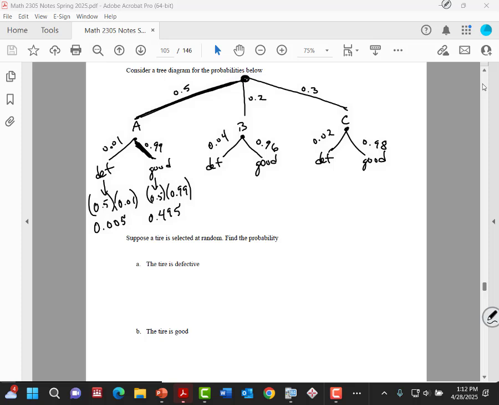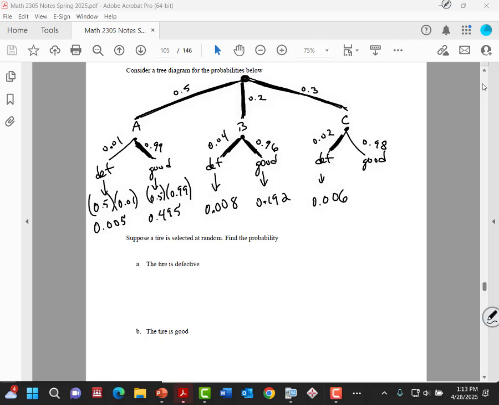Okay. So I'm going to continue these down. If I go 0.2 times 0.04, that's 0.008. And then if I did 0.2 times 0.96, that would be 0.192. If I did 0.3 times 0.02, I would get 0.006.